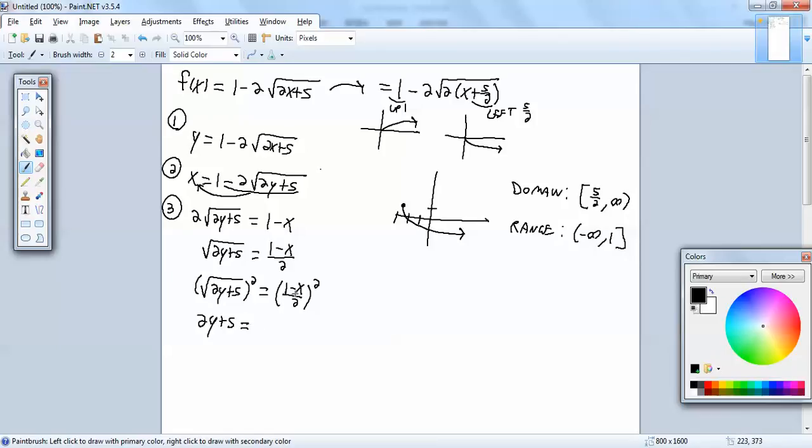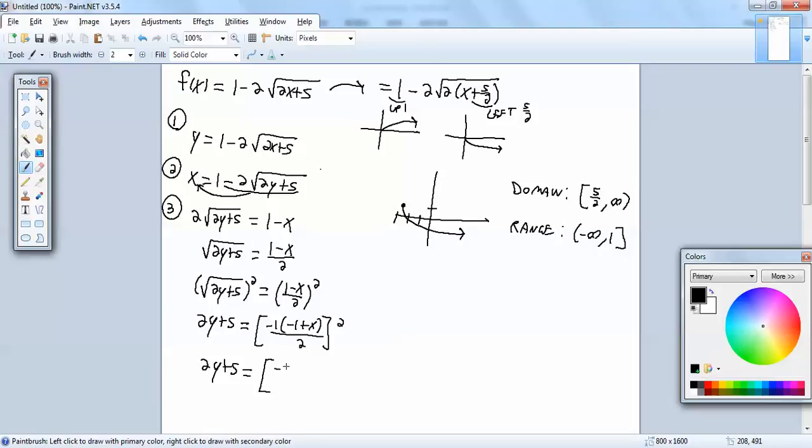Now before I square this, I could factor out, and there are different ways you can simplify this. I don't even know what the book does exactly. You could leave it this way, or you could factor a negative 1 out of the top. When you factor a negative 1 out, it flips the sign of both of these, so it becomes a negative 1 plus x over 2 squared. Then I could put that negative 1 on the bottom with the 2.